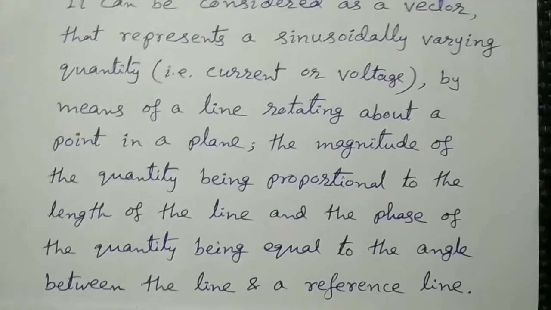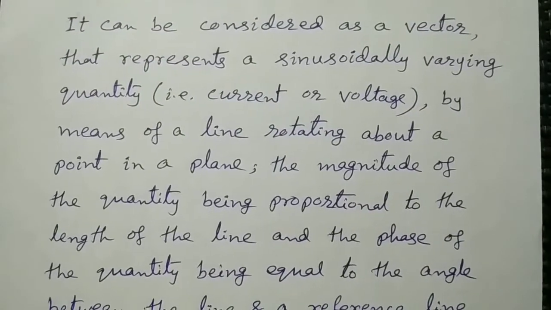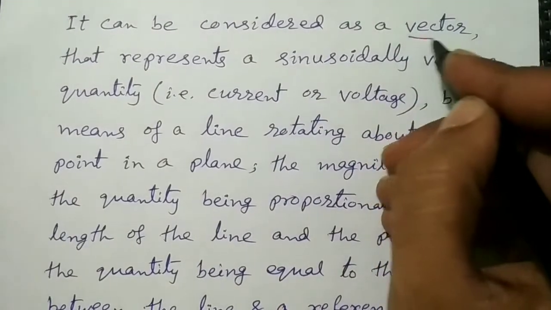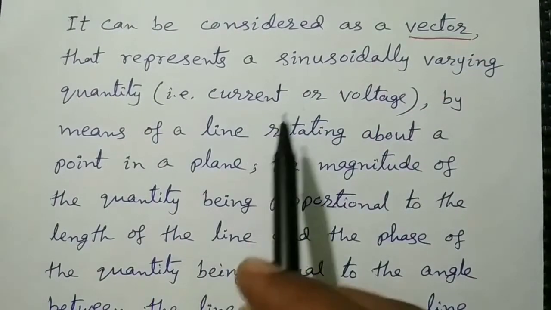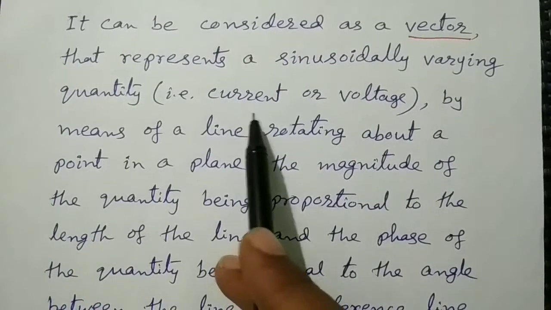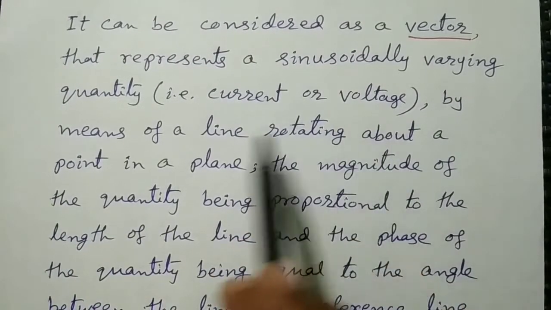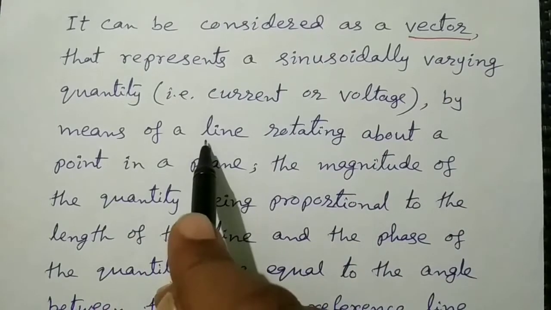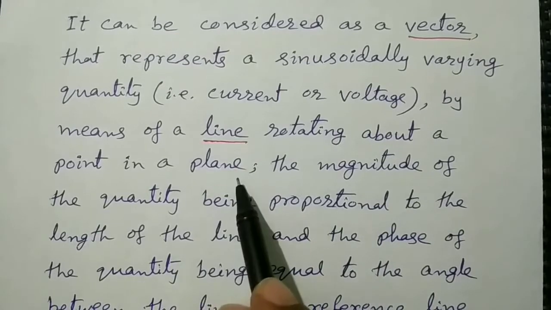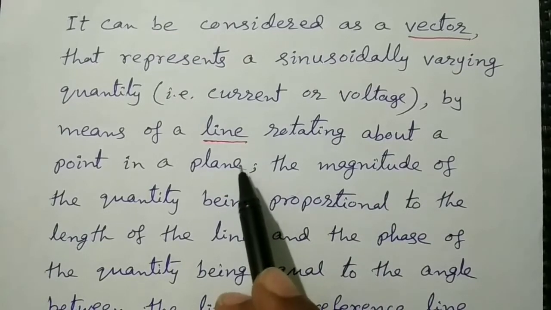The phasor can be considered as a vector that represents a sinusoidally varying quantity, that is current or voltage, by means of a line rotating about a point in a plane in anticlockwise direction.